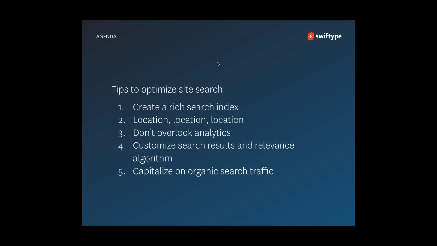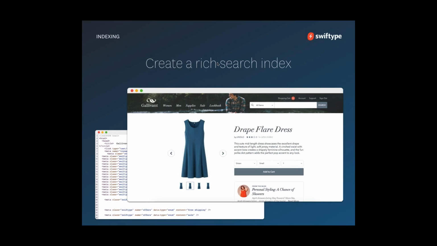I'm going to go through 5 tips right now to help you understand how you can do this for yourself: creating a rich search index, talking about the location, not overlooking analytics, customizing the results and your own relevance algorithm, and then capitalizing on traffic from organic search. So, creating a rich search index.